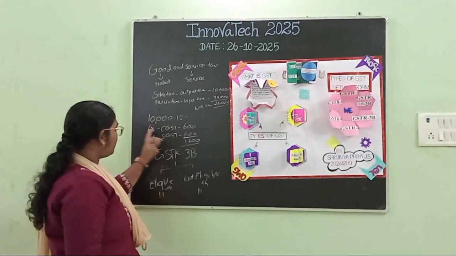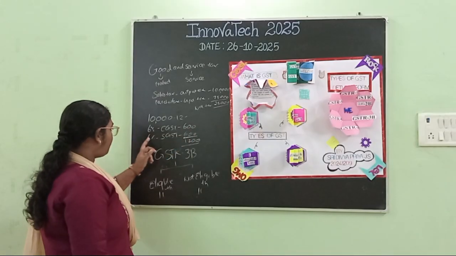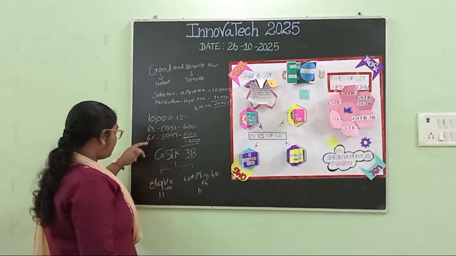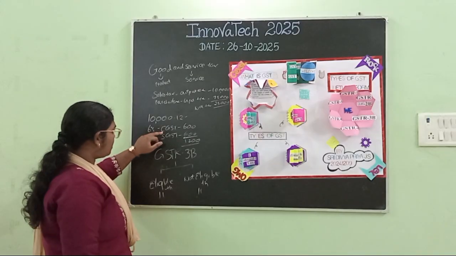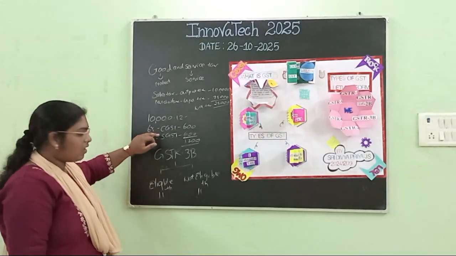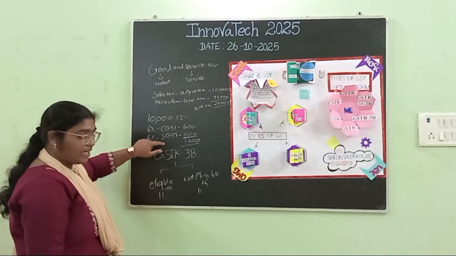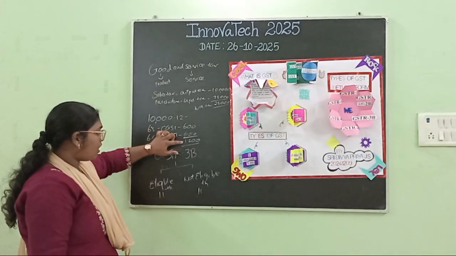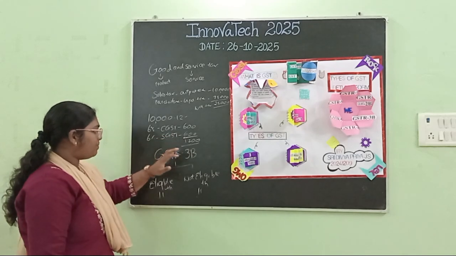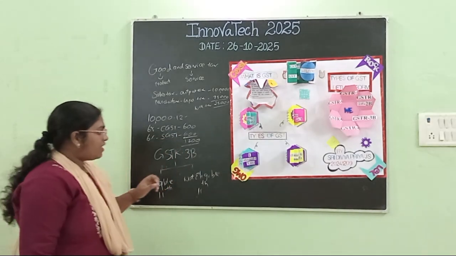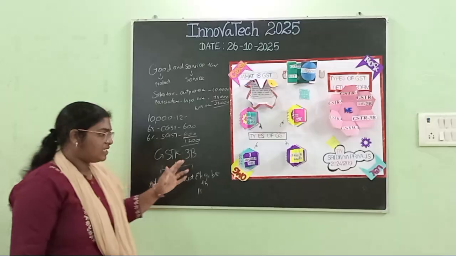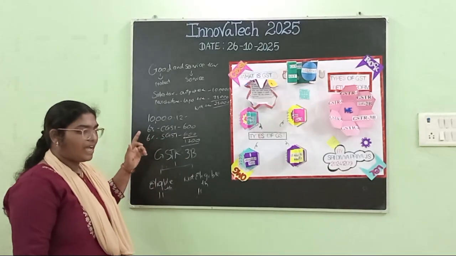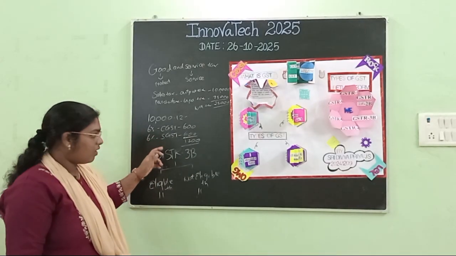For 10,000, 6 percent is 600, and another 6 percent is 600. One 6 percent is collected by the central government, and the other by the state government. In total, 1,200 rupees is the tax amount. CGST will be collected by the central government, and SGST will be collected by the state government.